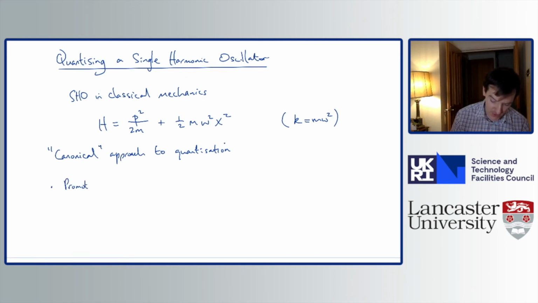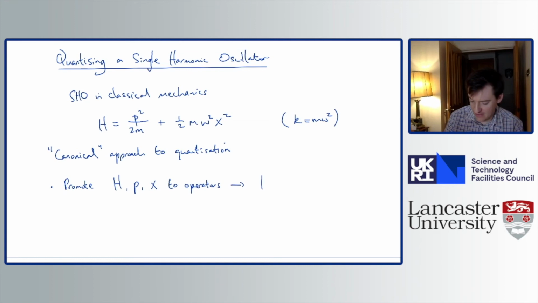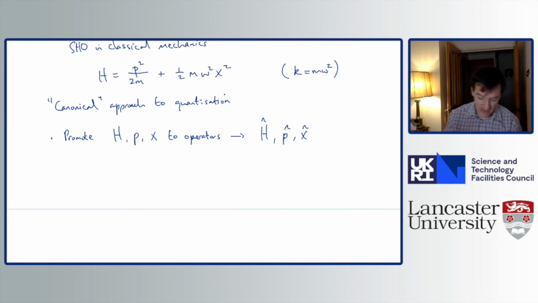The canonical approach is that we promote our Hamiltonian, our momentum, and our position to operators, rather than having just H, p, and x. So we now have operators, and the important thing about these operators is that we're going to force them to obey commutation relations. Classically, they don't obey commutation relations.